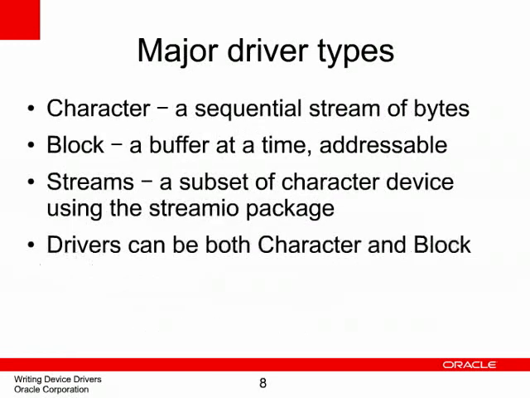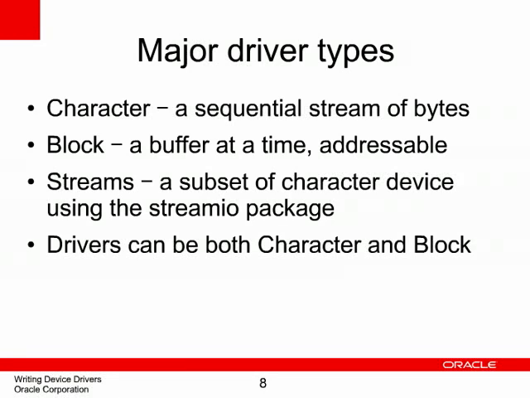Major driver types. There are two major types of drivers, character and block. Character drivers present a sequential stream of bytes in and out. A block driver provides a buffer at a time at an addressable place in the device. An example of character device drivers are things like serial ports. You read a character, you write a character, or you write 10 characters or read 10 characters.